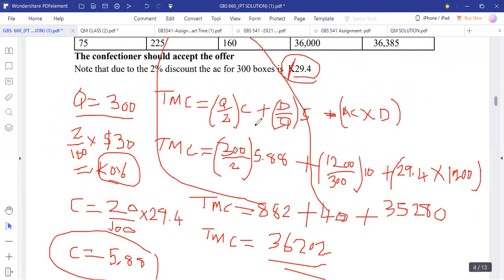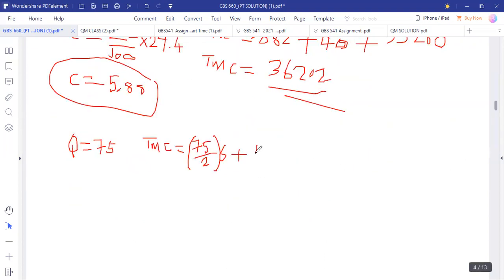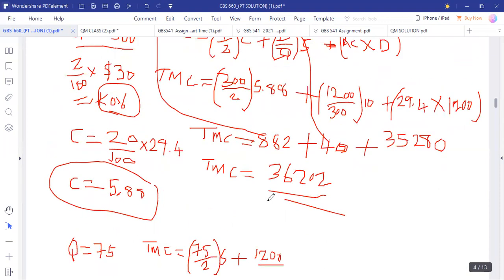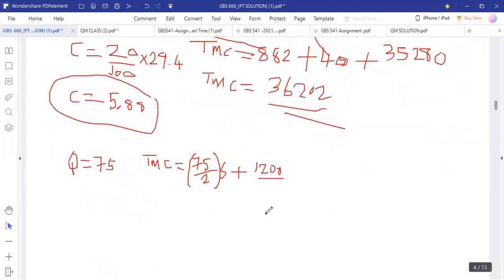Then plus our annual demand, which is 1,200. Then you divide 1,200 by 75, which is the Q, then multiplied by the ordering cost of 10.